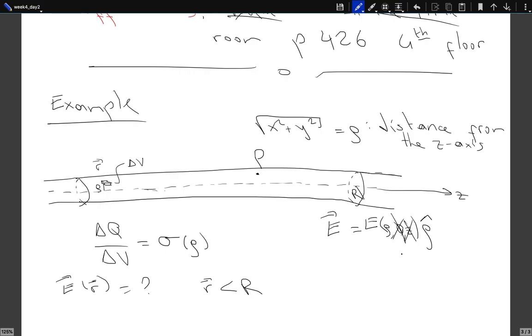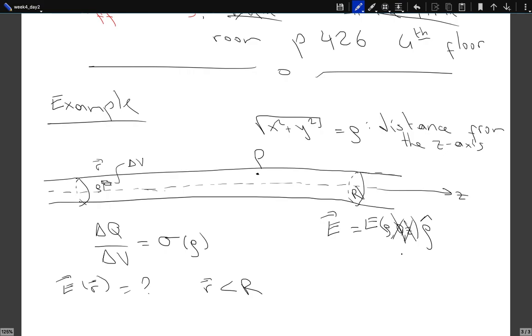Whether this is an infinitely thin wire or, as in this case, a thick wire, it doesn't make any difference as long as you know that the charge density depends only on the radial distance. You see, if charge density depends on z, for example, if there is a very large charge at this point which doesn't appear anywhere else, a special point where there is a large charge accumulation, and I push the wire, that point will move over here.